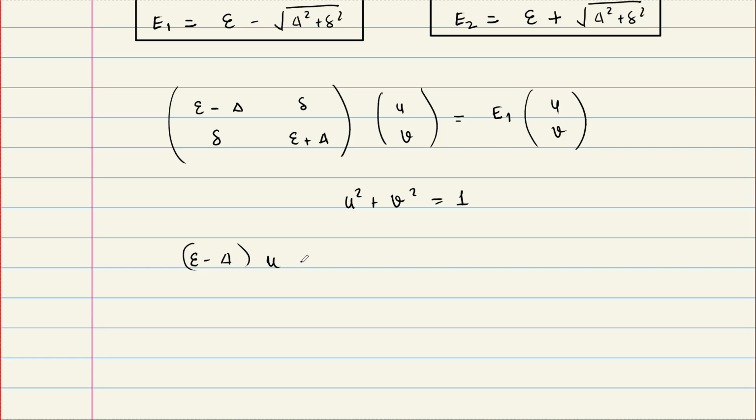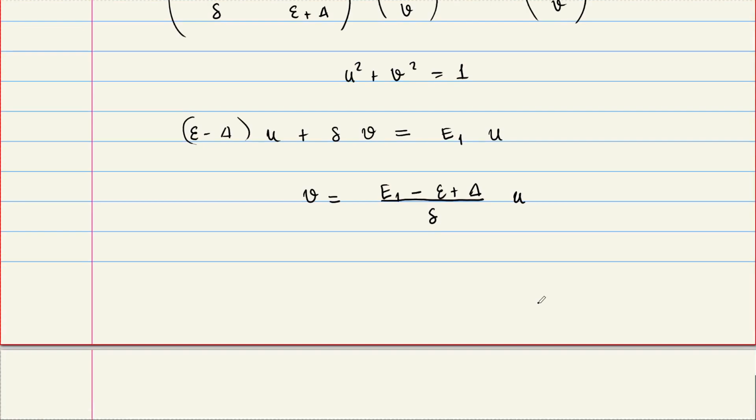So this is epsilon minus delta times U plus delta times V is equal to E1 times U. Then V is equal to E1 minus epsilon plus delta, divided by delta, times U. And now U squared plus V squared equal to 1 gives U squared times 1 plus the square of this object, equal to 1.